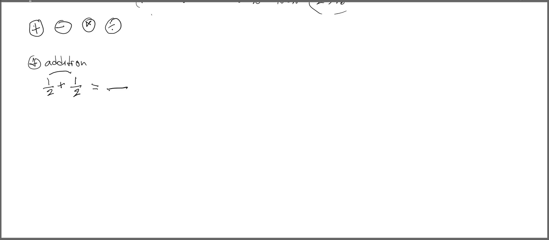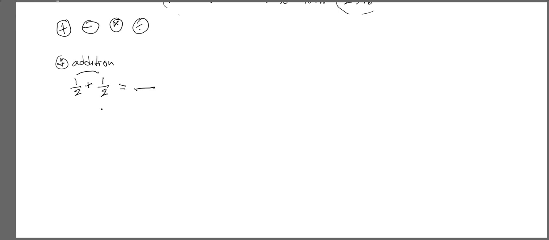I would like to inform you that what is at the top in a regular fraction we call the numerator, and what is at the bottom we call the denominator. This is the numerator, this is the denominator.